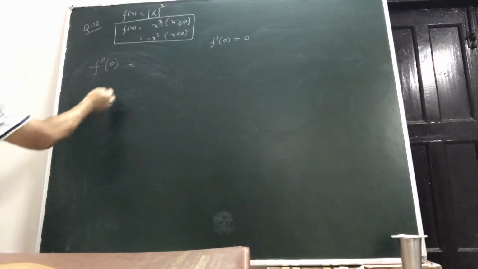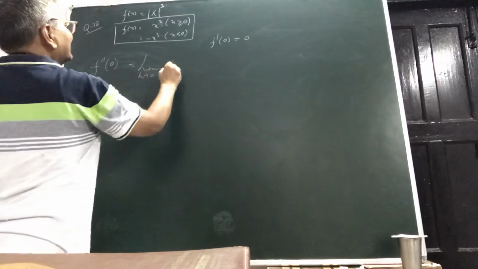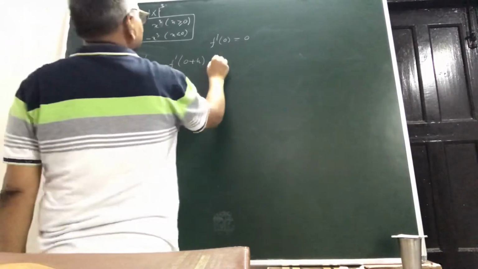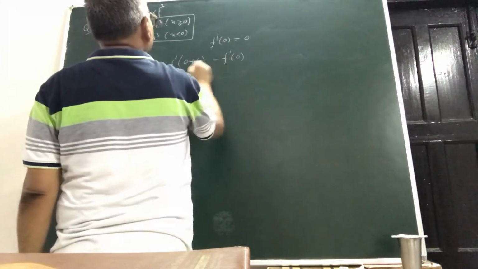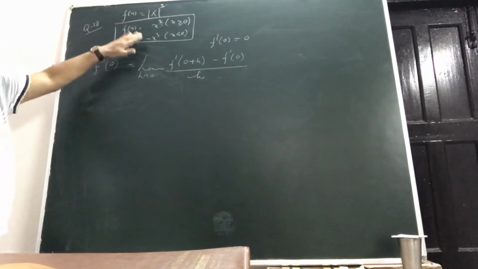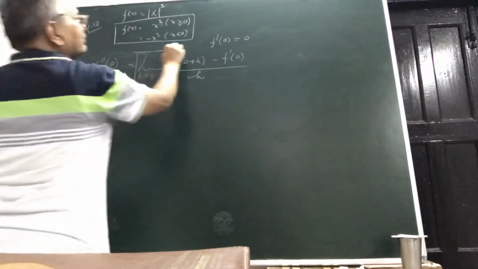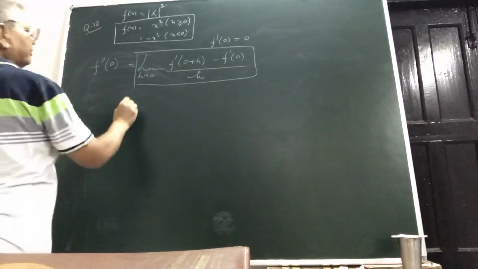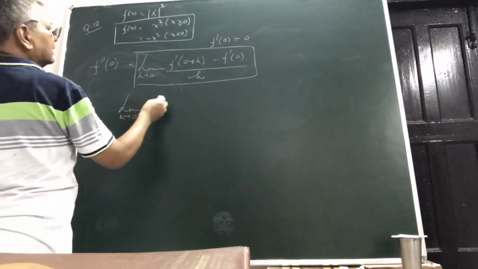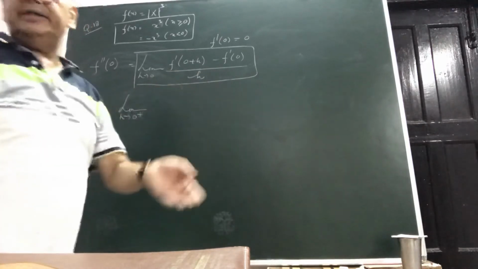So for finding this, it will be the limit as h tending to 0 of f dash(0 plus h) minus f dash(0) upon h. Now here, since the function is defined differently on the left and right side, for finding this particular limit we will first find the right hand limit and then the left hand limit, and if they are both equal, then we will say yes, this is the required limit.